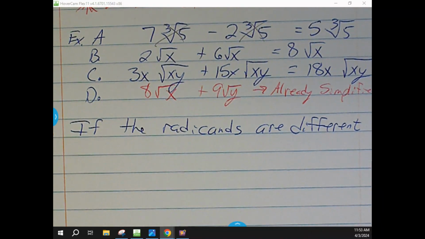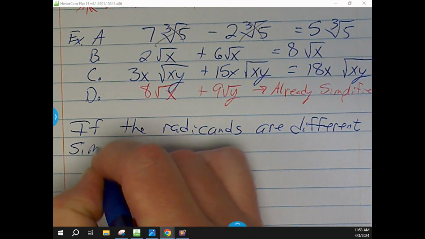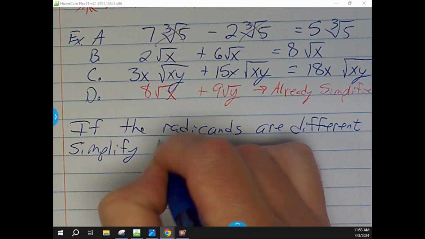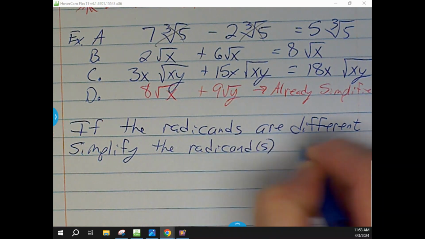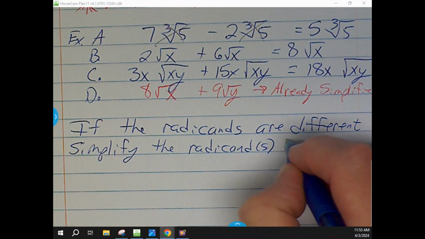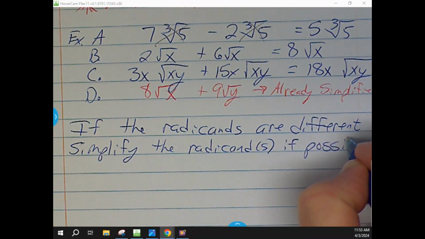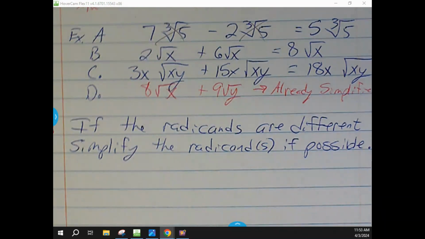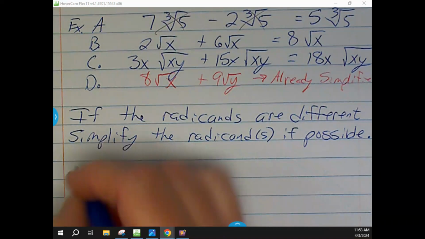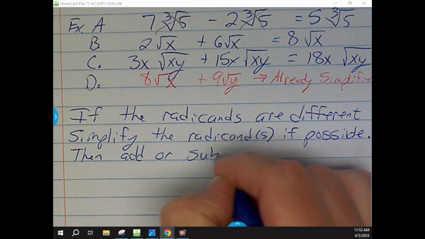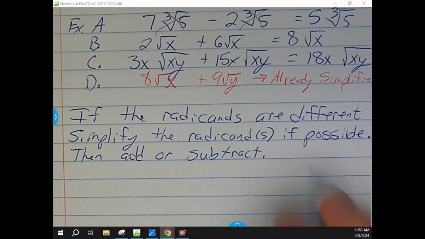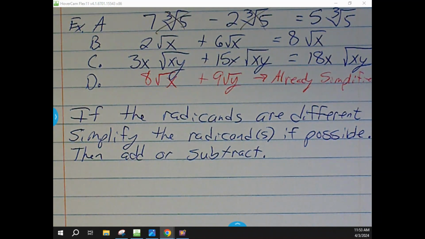If the radicands are different, you have to simplify the radicands first, and then once you simplify them, you get to add or subtract.